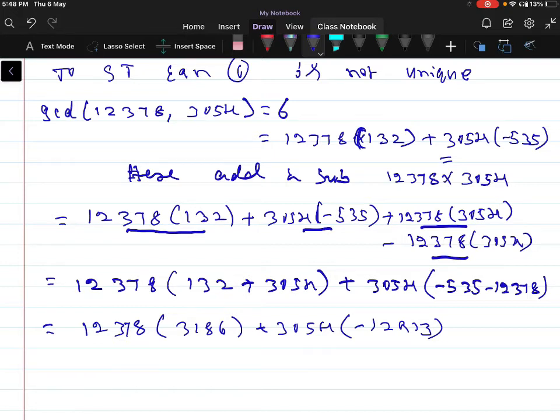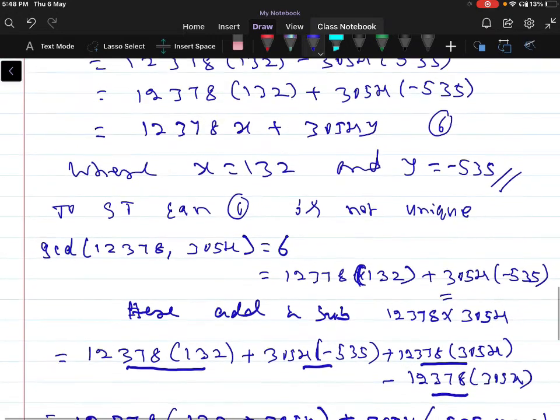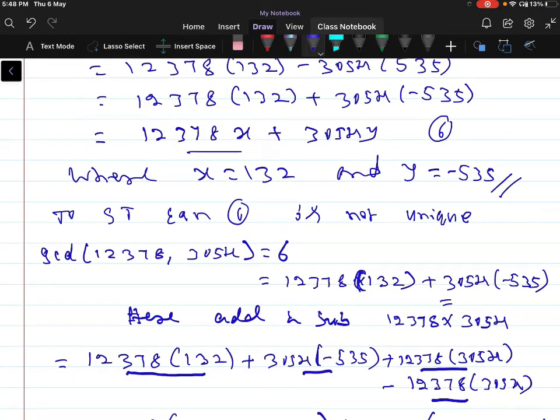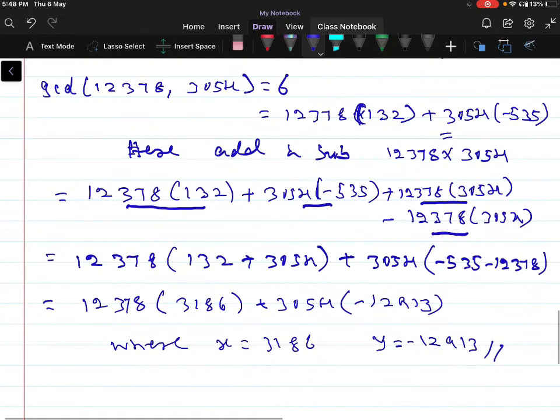So here x is equal to 3186 and y is equal to minus 12913, therefore equation 6 is not a unique representation. You can observe that equation 6 and equation 7 are not the same, they are different.